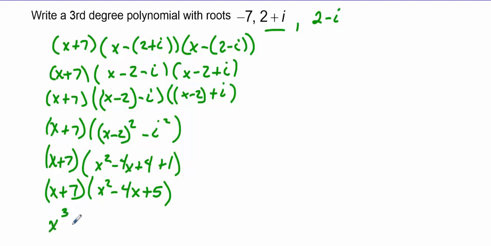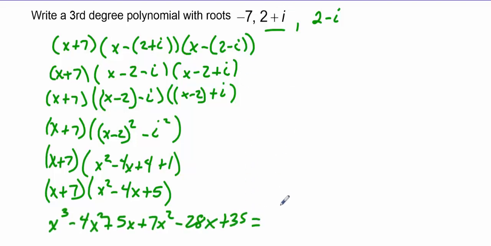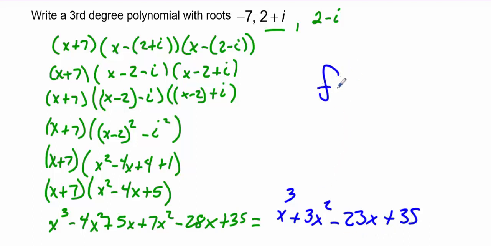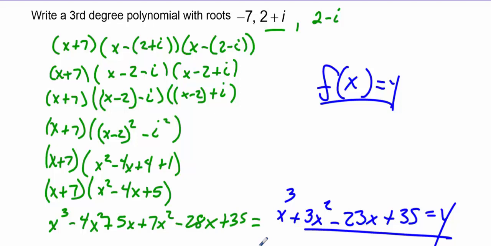Getting x cubed minus 4x squared plus 5x plus 7x squared minus 28x plus 35, and I'll clean that up just a little bit. I have x cubed plus 3x squared minus 23x plus 35. And unlike the last problem where I had an f of x equal to a y, I don't have that stipulation. So this is my third degree polynomial that will satisfy it.